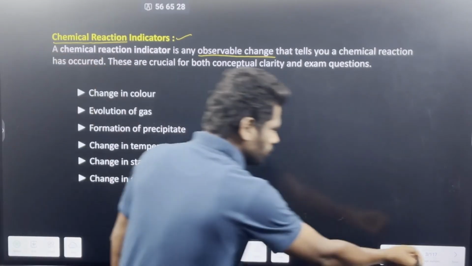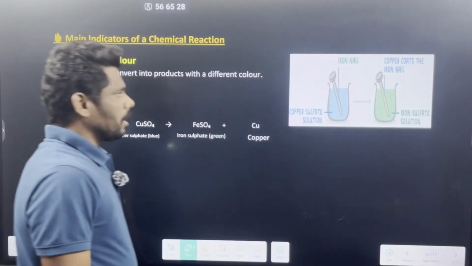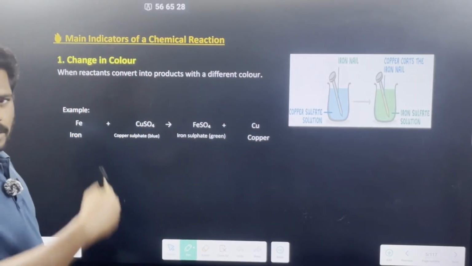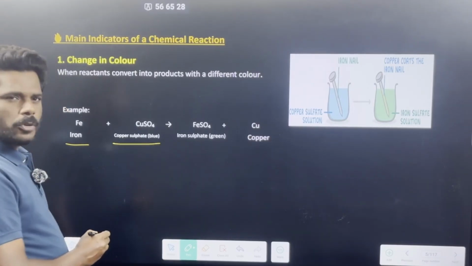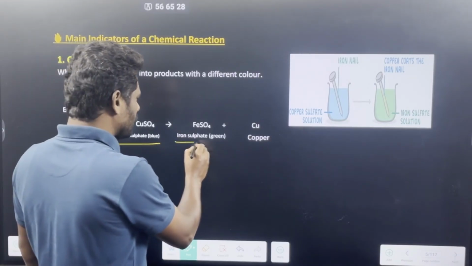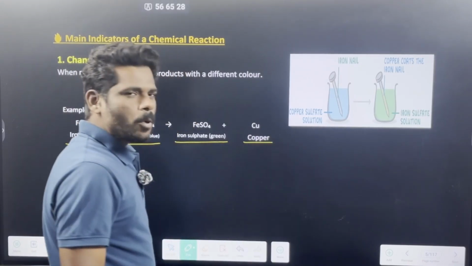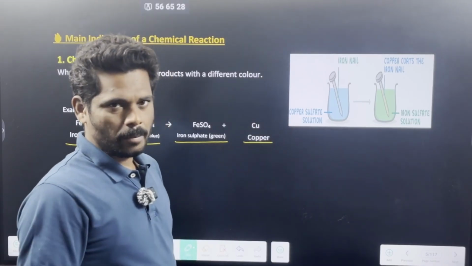For example, let us consider the most familiar activity we have been learning, the iron nail placed in the blue color copper sulfate solution. After some time, the solution turned into green color and some brown deposit occurred over the iron nail.